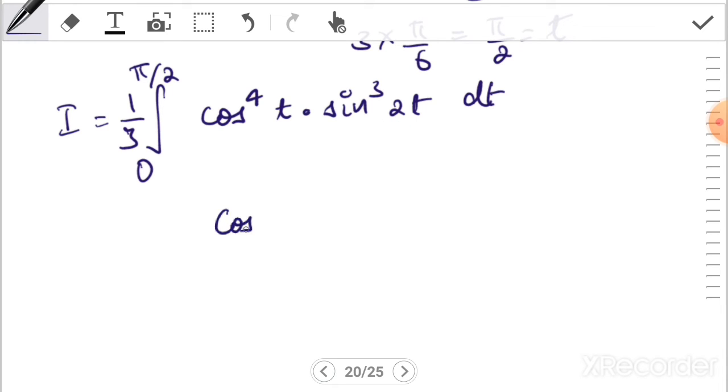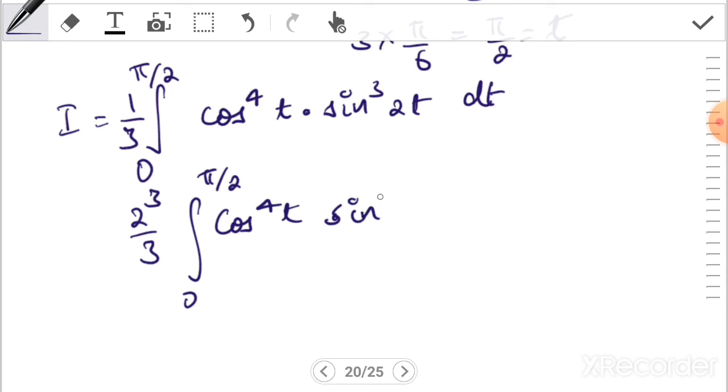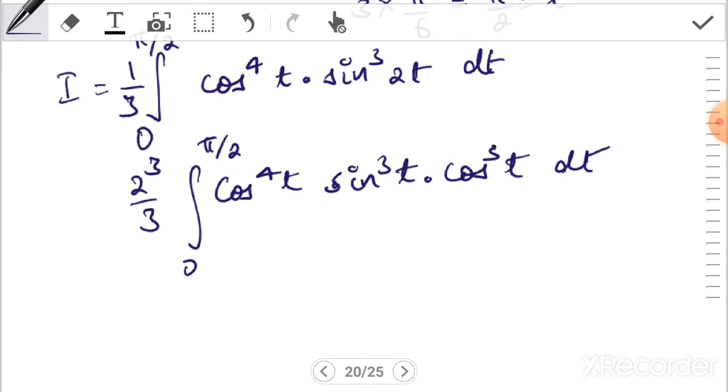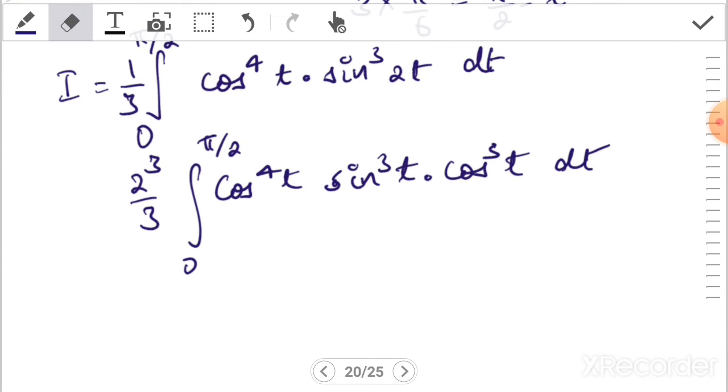So you can take 2 out, 2 cube by 3, and sin cube t cos cube t dt. So this is 8.